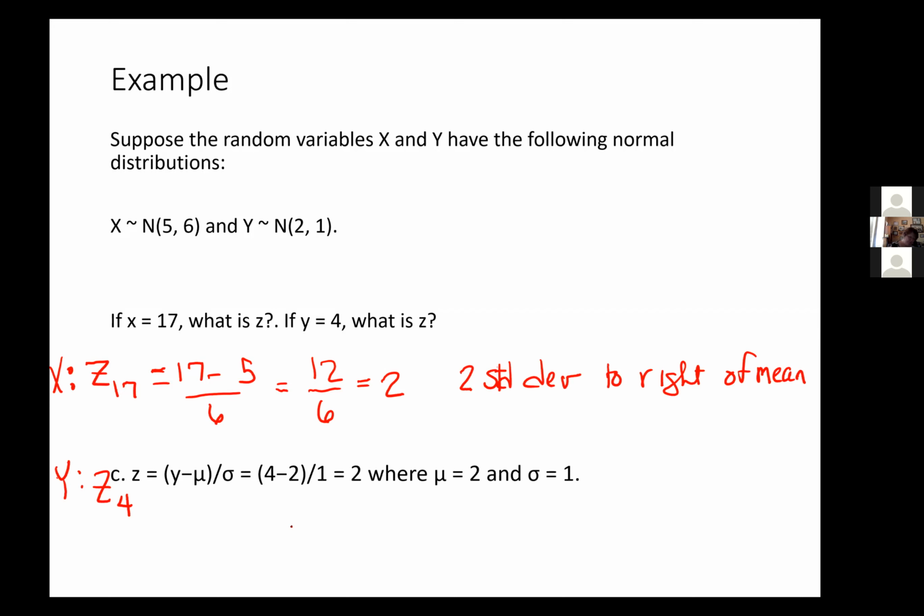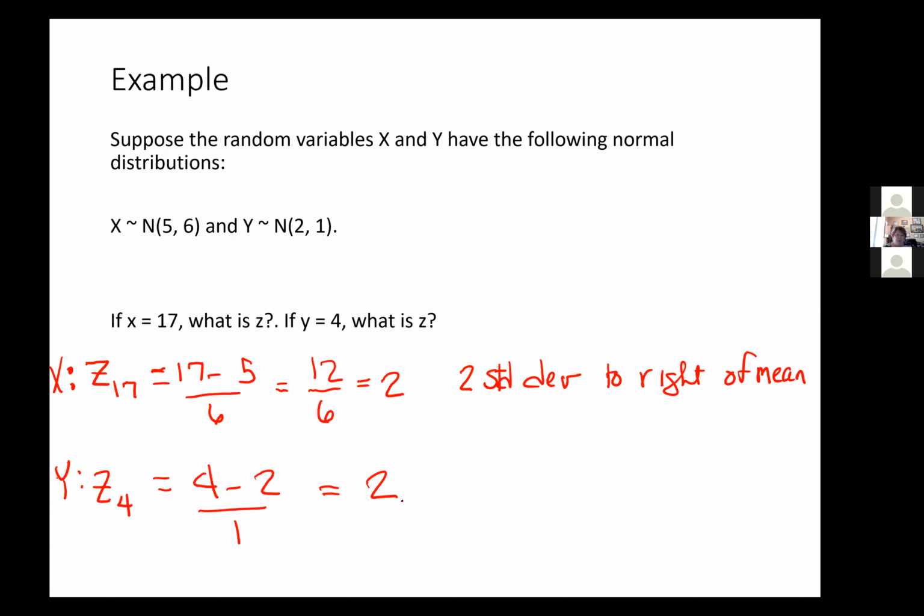We're going to take the data value, which is 4, subtract the mean, which is 2, and divide by the standard deviation, which is 1. So it is 2. What you can see here is that we get the same z-score with two completely different distributions, and that's okay, that's fine.